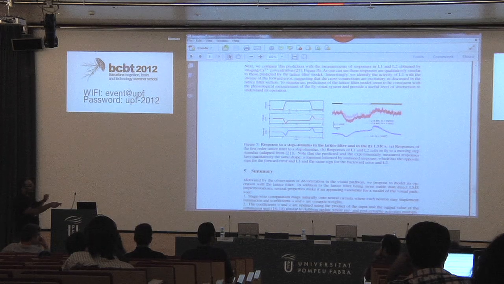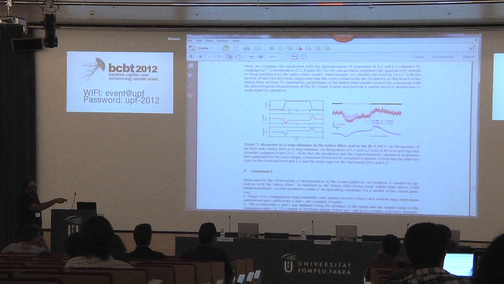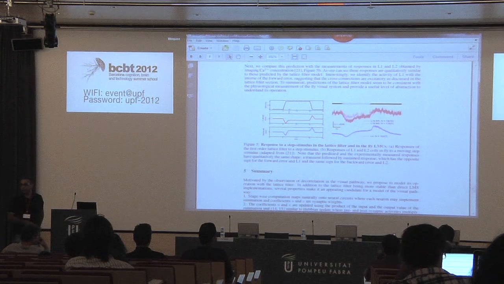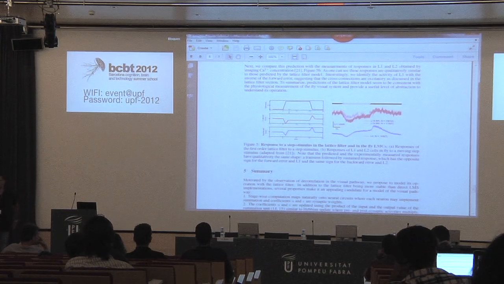And when you record from the axonal terminals, you see, in fact, this structure that the lattice filter predicts, which is this part of the response has the same sign as the transient here. It's below the rest state. And here it is opposite, so it's positive, while the transient is negative. So that's the best evidence I know at this point. Of course, it's just calcium imaging, so you have to take it with a grain of salt.